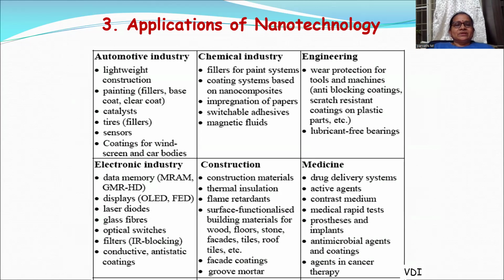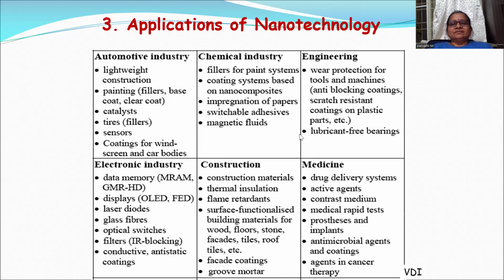In the automotive industry, bulk materials are converted into tiny and handy material, like lightweight construction, painting, fillers, base coat, clear coat, catalysts, tires, and sensors.